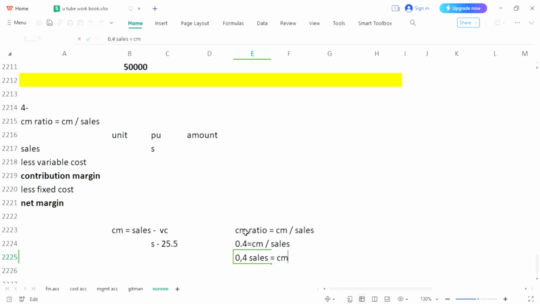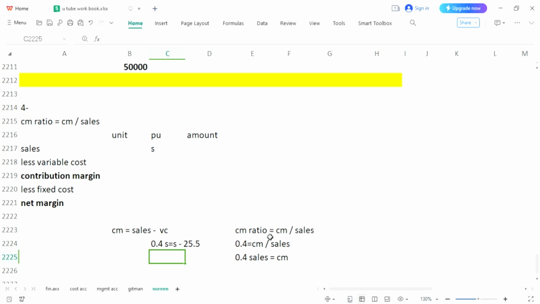CM is equal to 0.4 sales. Now come over here, we are going to change it. CM's answer is 0.4 sale. Same we are putting over here, 0.4 S is equal to sale, which is unknown, minus VC, new VC is 25.5. Please understand this statement.